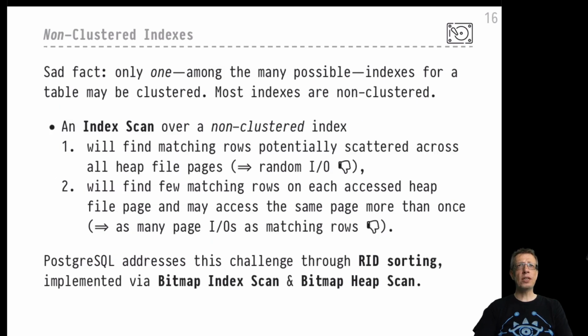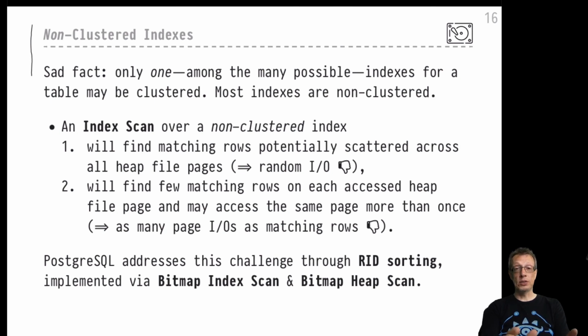There's the sad fact that the non-clustered indexes are the majority. Because there's only one sort order that we can arrange the rows inside a heap file for table T. Once we have decided on one particular sort order, maybe regarding the A column, then the index on the A column will be a clustered index and it will benefit.